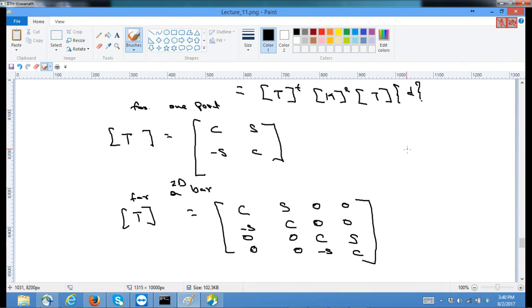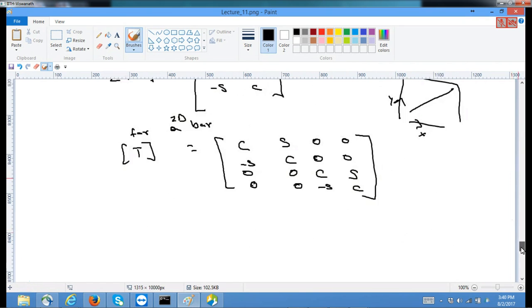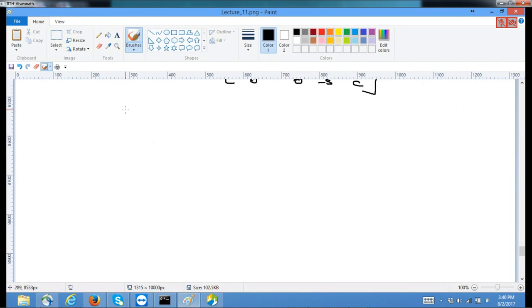That means it is in a plane of x and y. The bar is something inclined. Sometimes you see a bar in a 3D plane, that means your plane is like this.